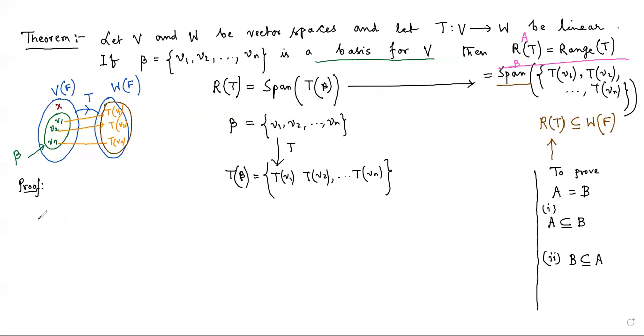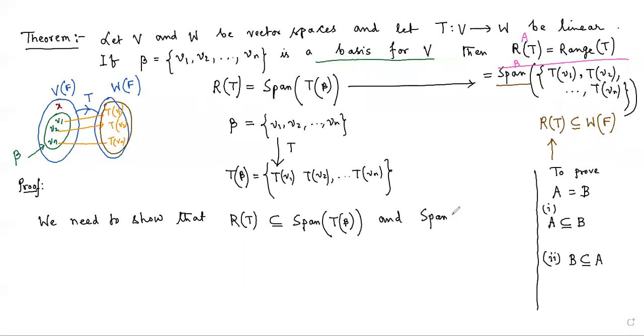So let us start this problem. We need to show that RT is a subset of the span of T beta, and at the same time, the span of T beta is a subset of RT.